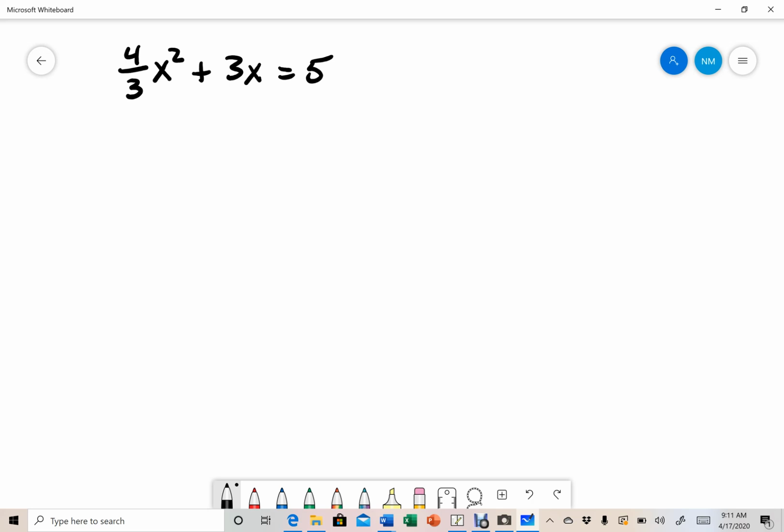Give me just a second. Okay, so I don't want a 3 with my a in the quadratic equation, so I'm going to multiply by 3 to make the leading coefficient a whole integer. If I multiply by 3, that takes the 3 away.